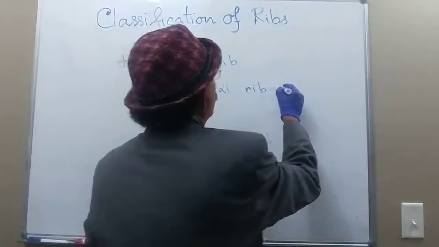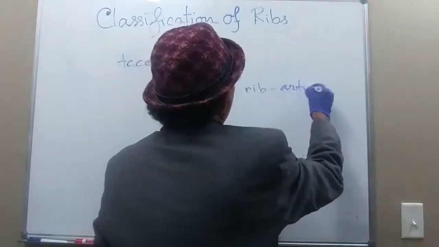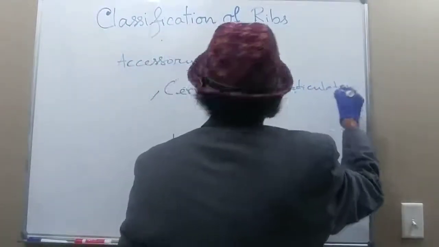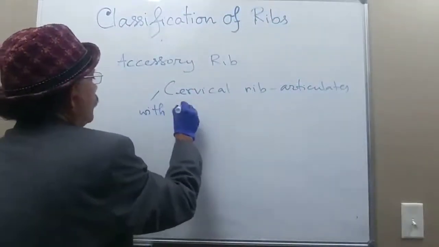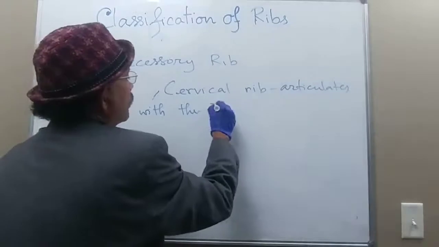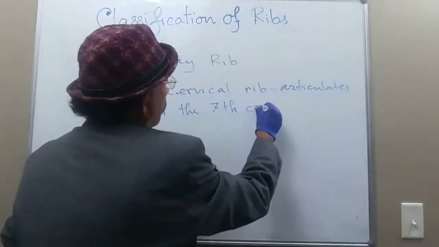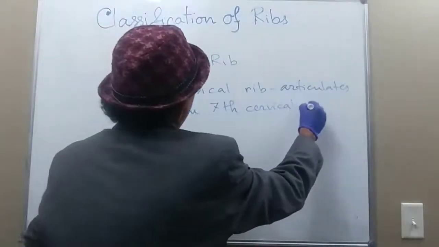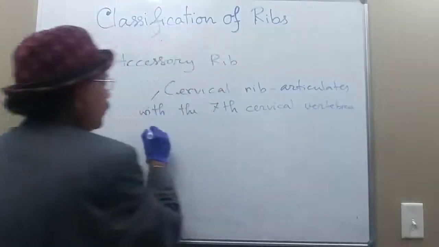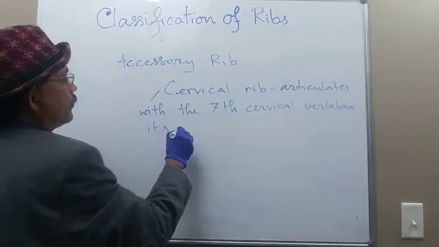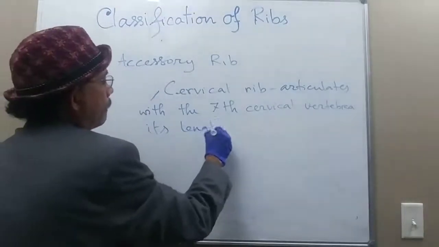Cervical rib articulates with the seventh cervical vertebra. Its length is variable.